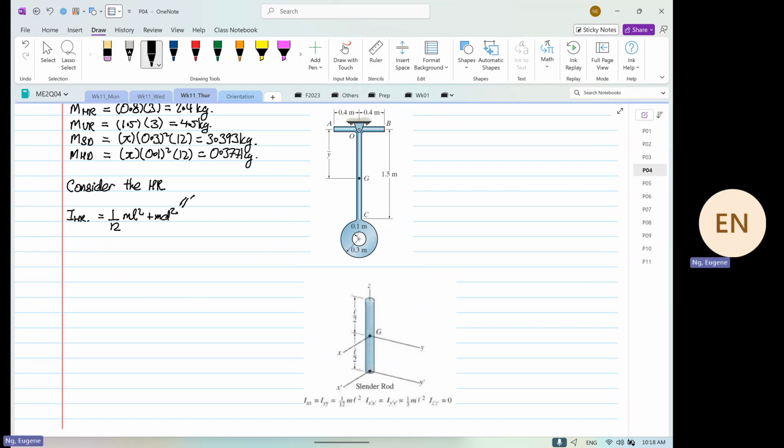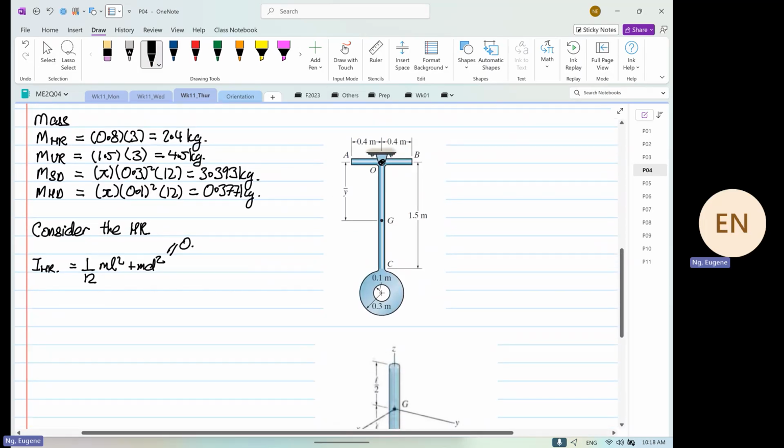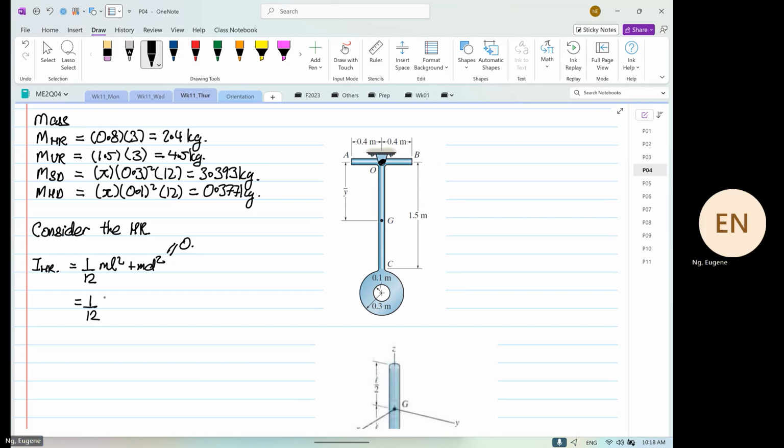We know for the horizontal rod, d is equal to 0, because the pin at O is exactly at the center of gravity, yes or no? So this will be equal to 1/12, the mass of the horizontal rod is 2.4, the length is 0.8 squared.